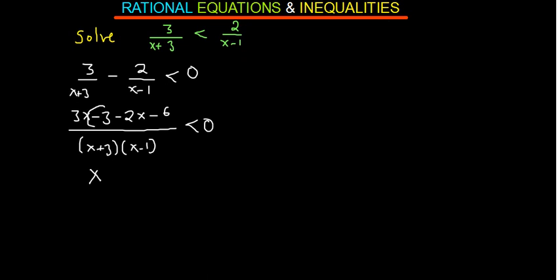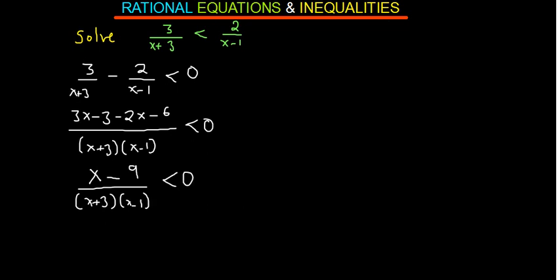And then we're going to add negative 3 minus 6. What are we going to get? Negative 3 minus 6. That will give us negative 9. Very good. Negative 9, divided by x plus 3, x minus 1.